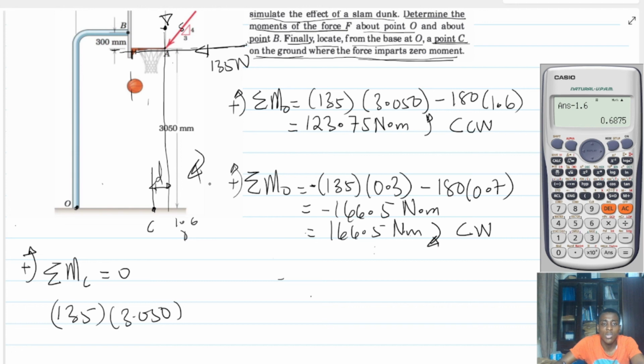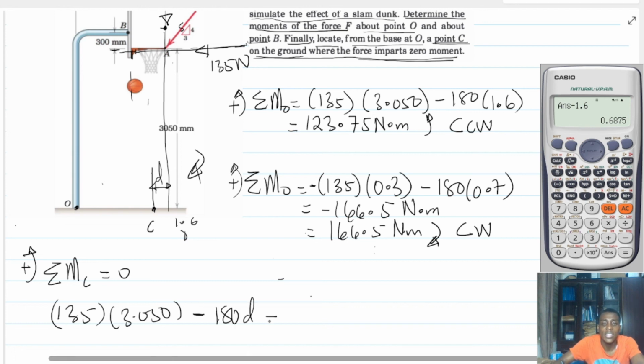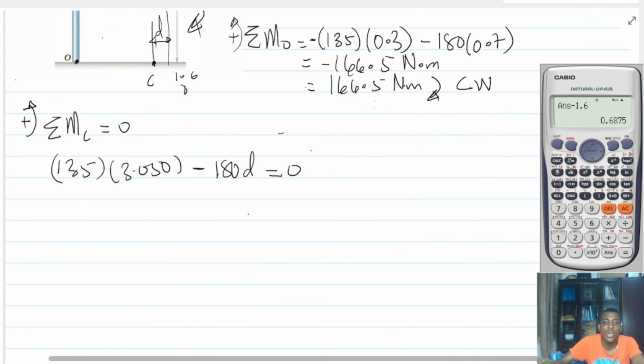This is going to cause clockwise. It's going to be minus 180 multiplied by D to be 0. Solving for D, we can say that D is going to be 135 times 3.050 divided by 180.